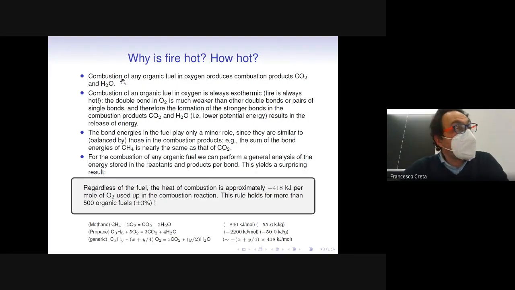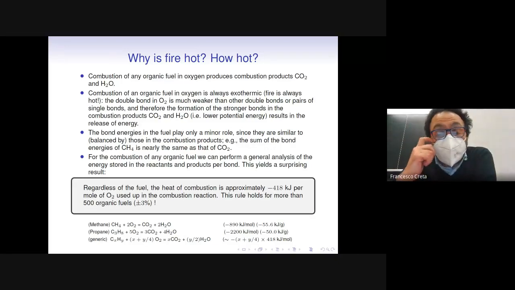what are fuels? Well, usually fuels are organic, although hydrogen can be considered as a fuel. By organic, we mean the many molecules that come from organic chemistry and that have carbon atoms essentially bound to hydrogen atoms.